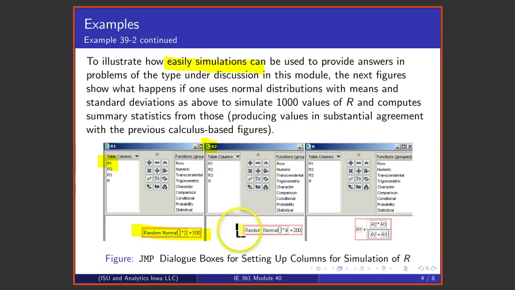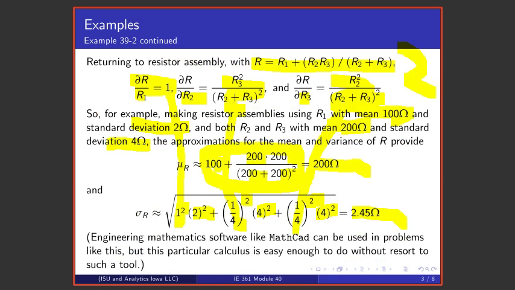I've not included R3, but it's just like R2, and then having columns for R1, R2, and R3 to make values for R, the overall resistance. And then if one makes 1,000 such things, a table with 1,000 rows in it, one can just use basic summary statistics from the statistical package to get values similar to the ones here.